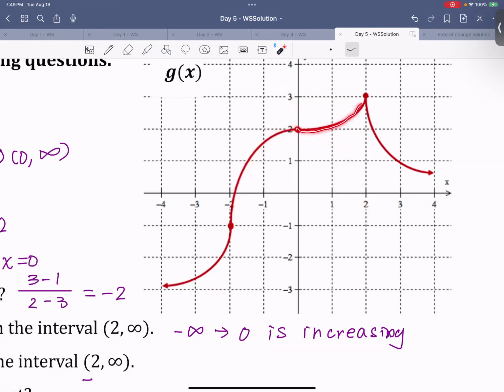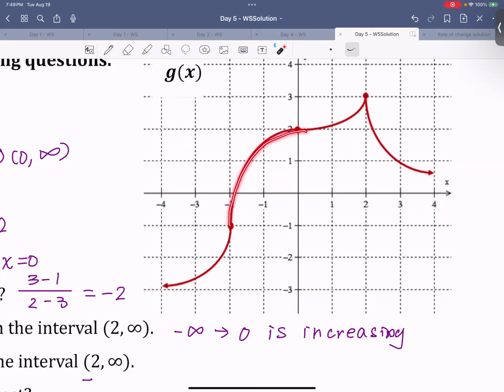Again, come to here. This is half a cup. If you want to hold this cup, it has to be in this direction. So this is concave up. And then come back to here. This one, you hold this cup face up. So this is concave up. So concave up, increasing.